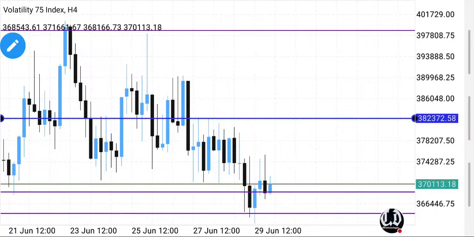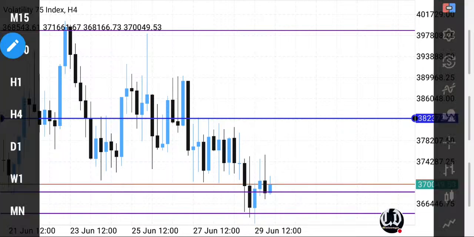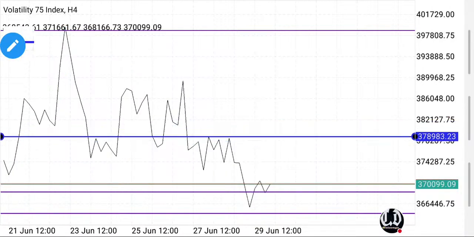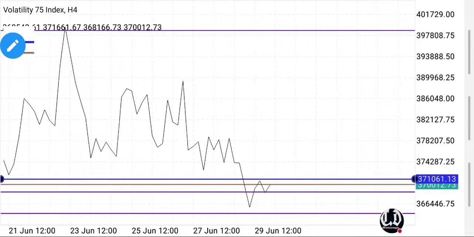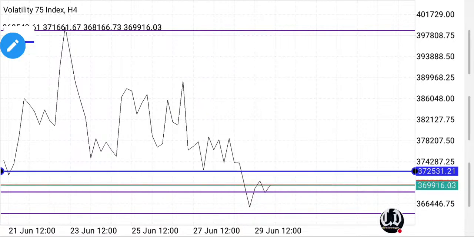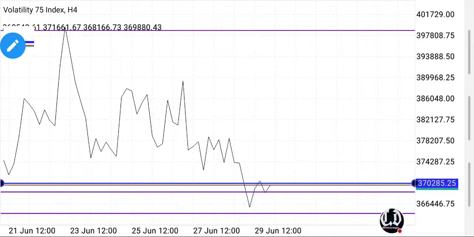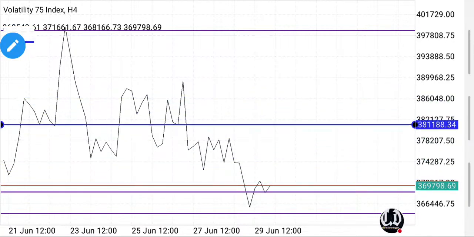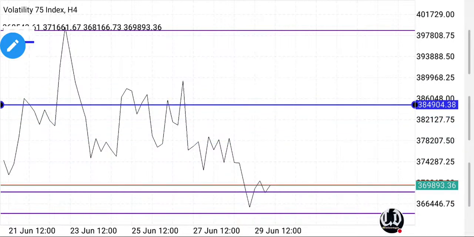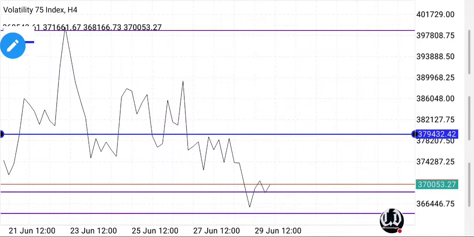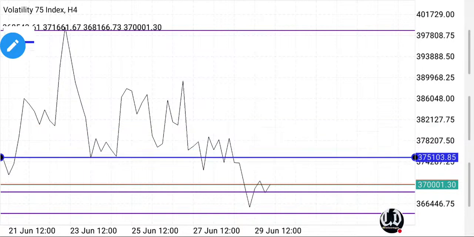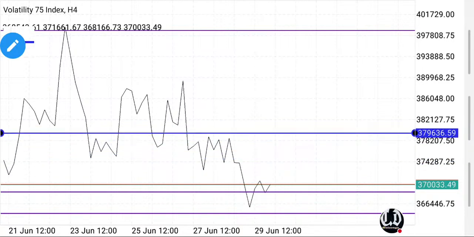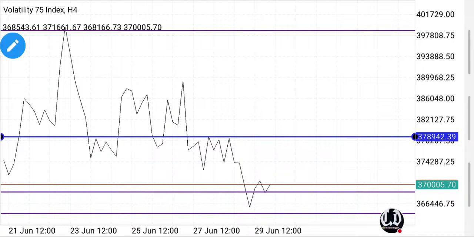After that gets broken, wait, let me take you to the line chart. If this here gets broken, you wait for the market to come back and retest this. If the market moves aggressively from here down and comes up, we use a Fibonacci tool. We measure the retracement. We wait for the market to come back and make a retest. We get our entry confirmations and then we execute. Are you getting the point, guys?